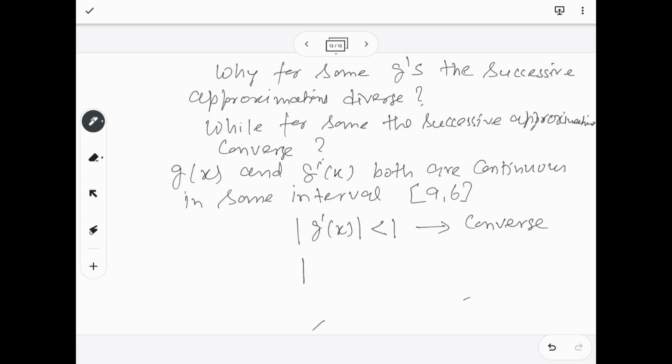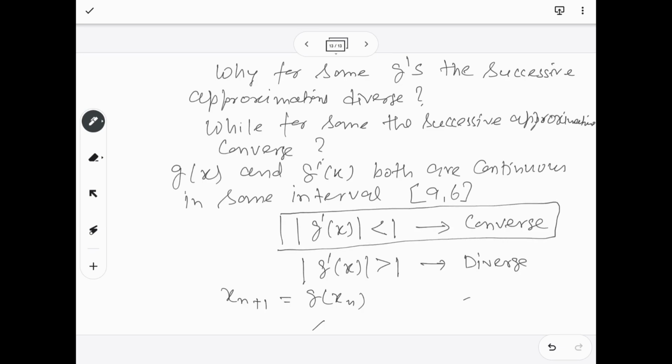On the other hand, if this condition is satisfied, that is the derivative of g is greater than 1, the successive approximations will diverge. And what are those successive approximations? Xn plus 1 equal to g at xn. So it means that unless this condition is satisfied, the successive approximations are not going to converge.